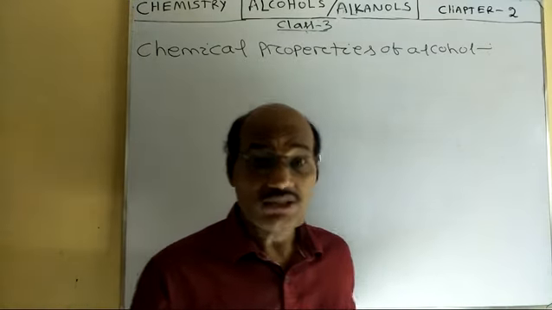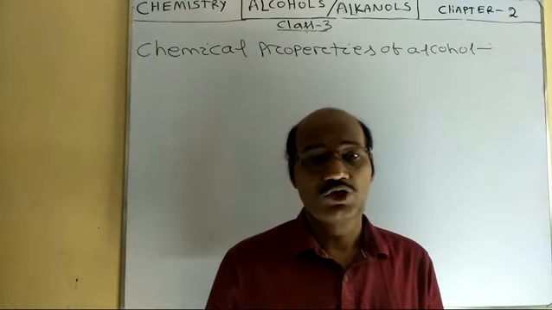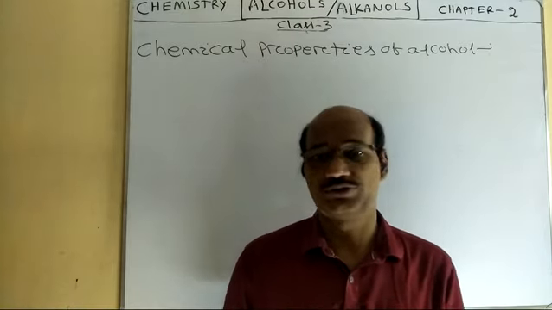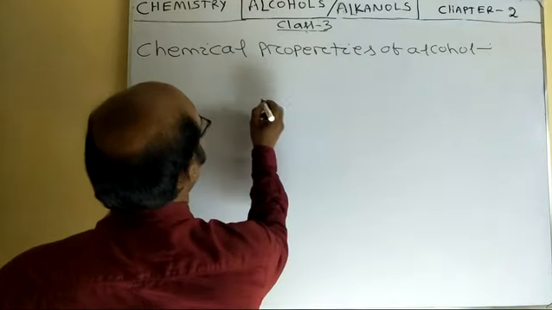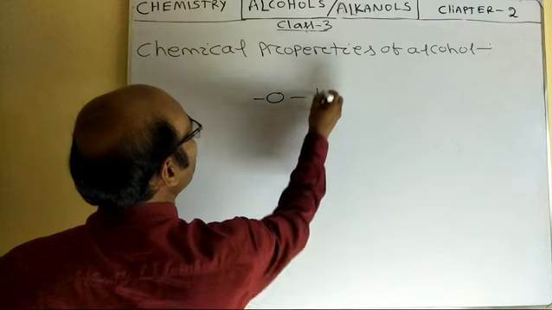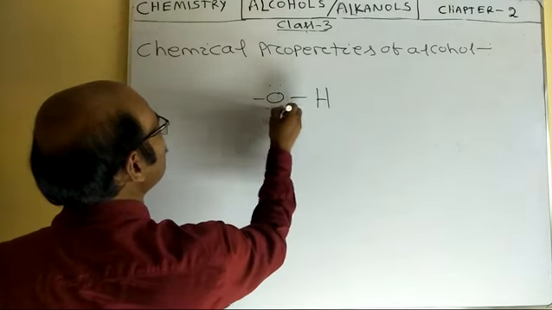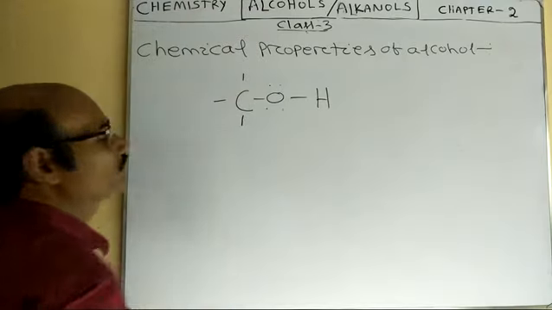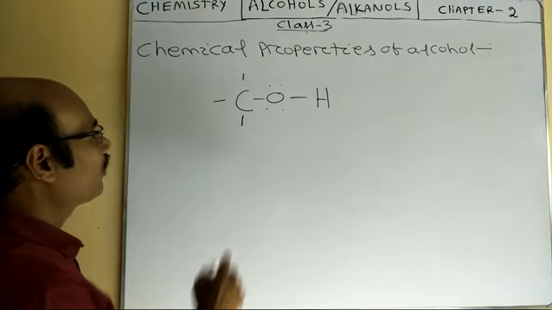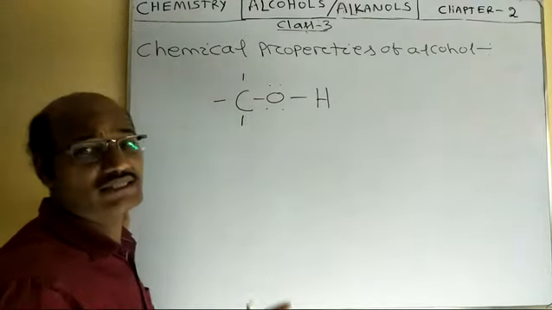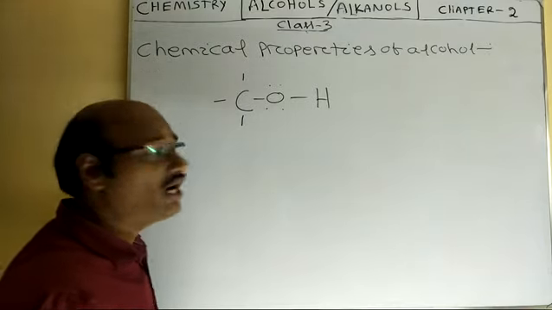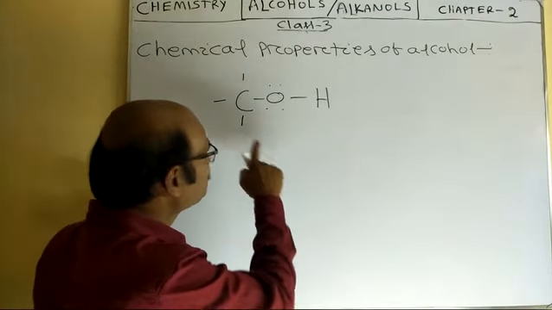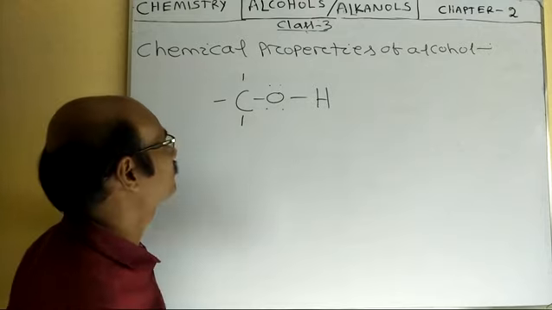So, in case of alcohol, we have the functional group OH, attached to a carbon, and this carbon is attached to 3 bonds. Already in the very first class of this chapter, we have discussed the nature of this functional group.